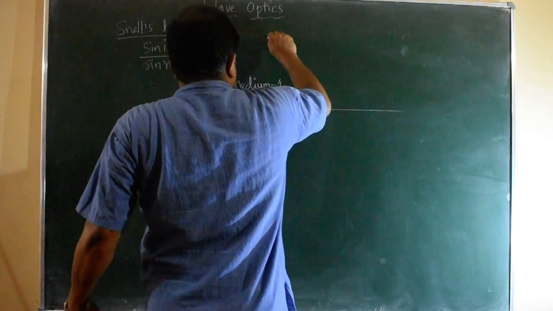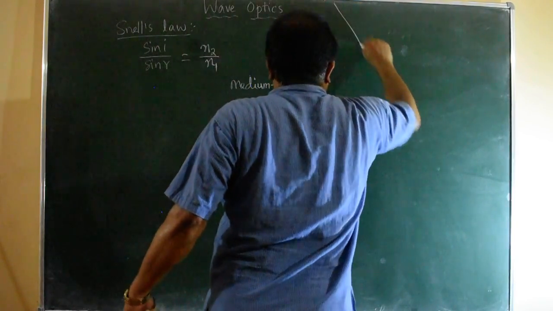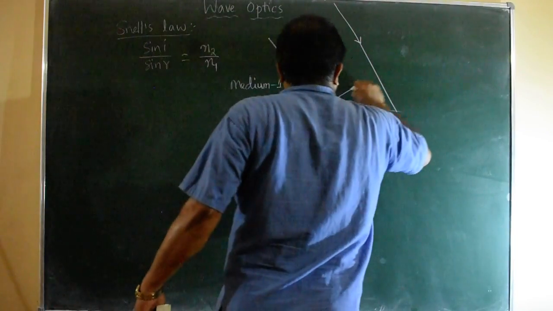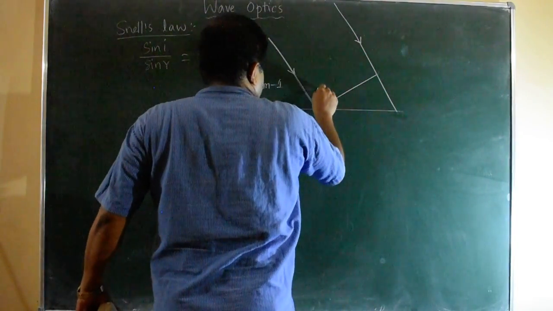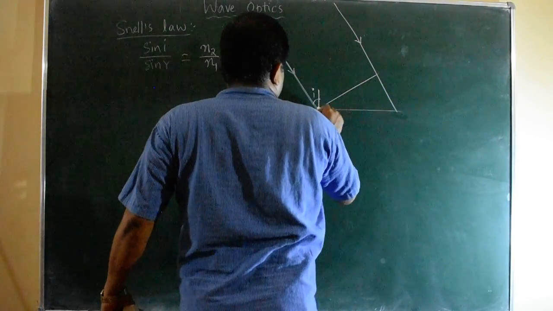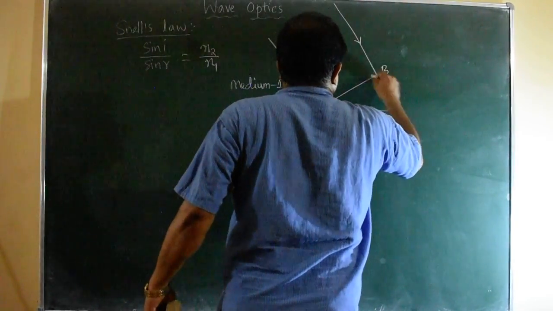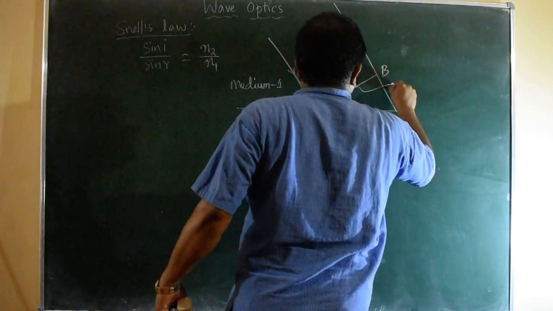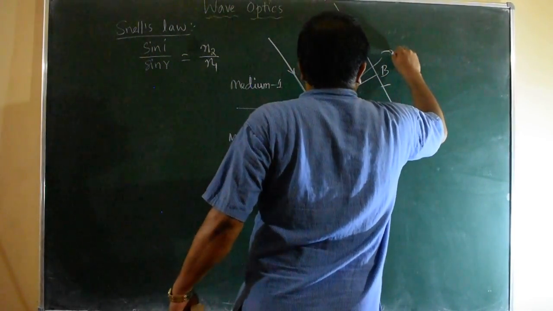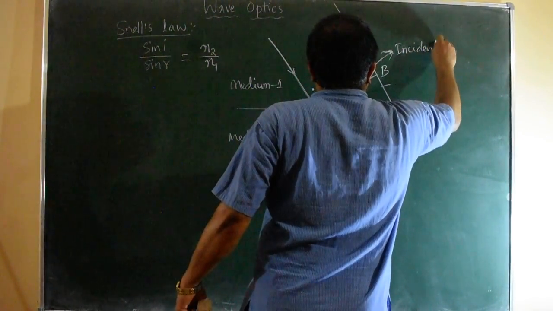Now the wavefront. See, the light is incident this way, this is the ray of light I take. Now you see this is the plane wavefront. AB, angle of incidence is I, and I will take this point as A, B. So AB is the incident plane wavefront.